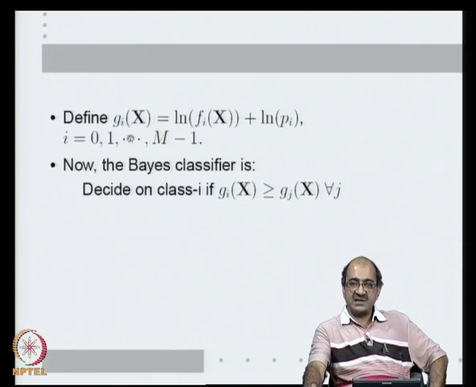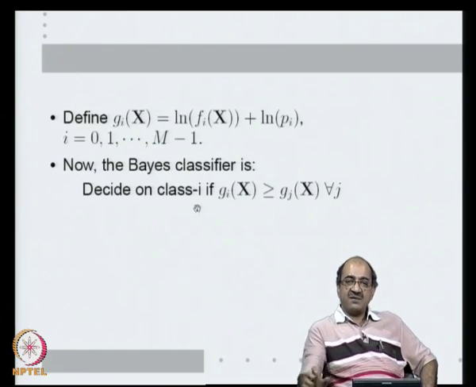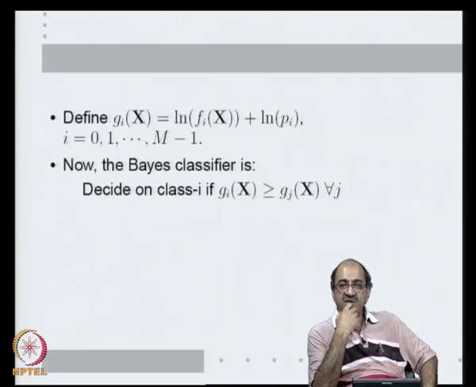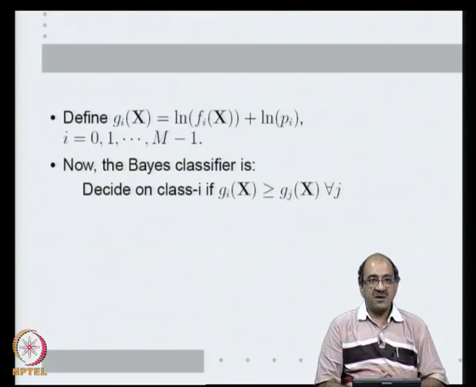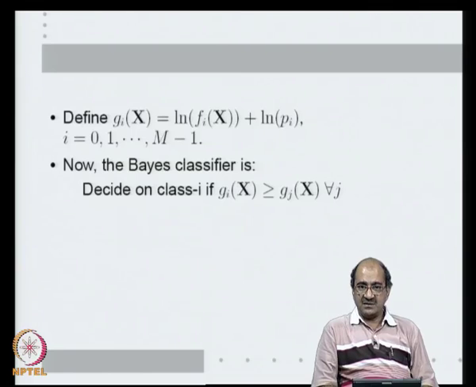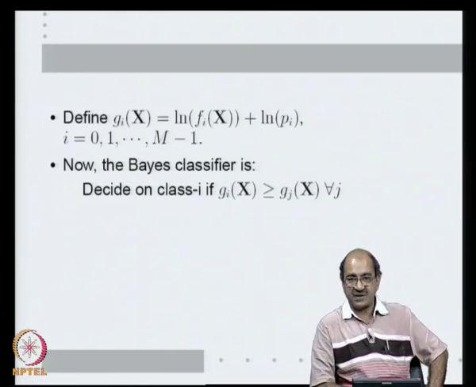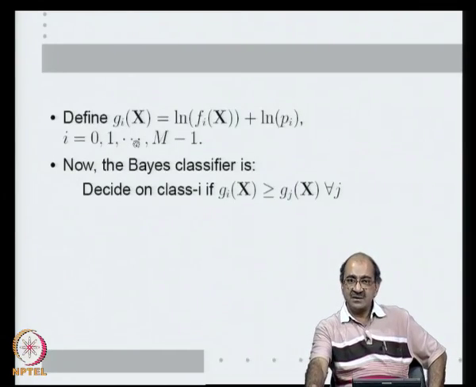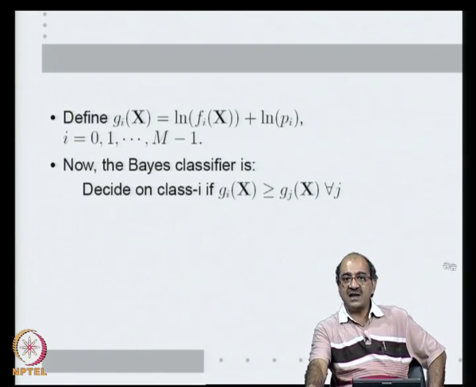Essentially, there are m functions g_i, and the Bayes classifier is: you decide on class i if the ith function's value at x is greater than any other function's value at x. If g_i(x) is greater than g_j(x) for all j, then you decide on class i. So, this is a general way in which I can use discriminant functions for the m class case. While the two class case has only one discriminant function, for the m class case I actually have m functions, and I will make my decision by saying which function had the highest value.